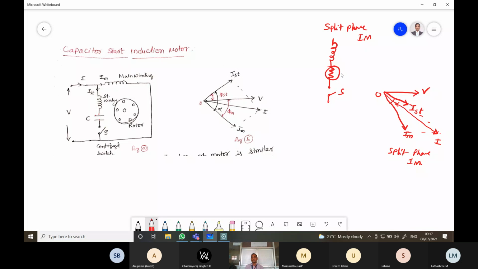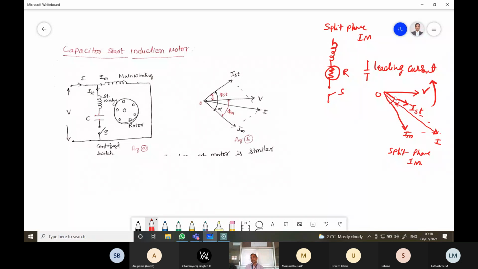Because we are replacing this resistor with a capacitor, the capacitor will draw a leading current. Therefore the starting current of the winding leads the voltage by the angle phi st. So in this case Ist will come upside, it is leading.